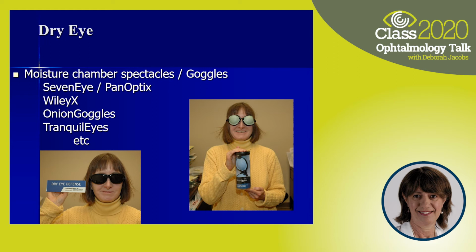There is a brand of nighttime occluders called Tranquilize, and those are shown on the right, that are moisture chambers that can be used at bedtime. Of course, they don't allow for vision, but patients find them very beneficial, particularly those with any symptoms that are worse upon awakening.